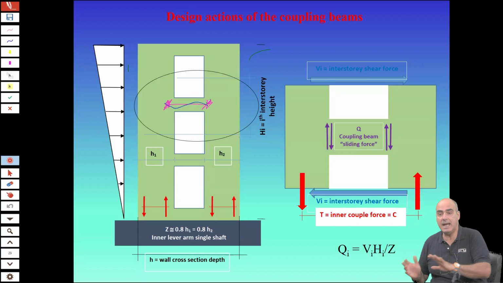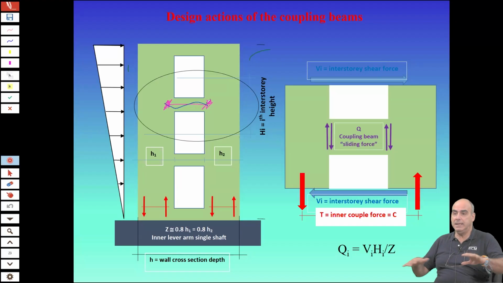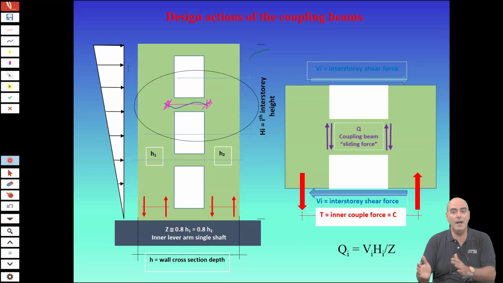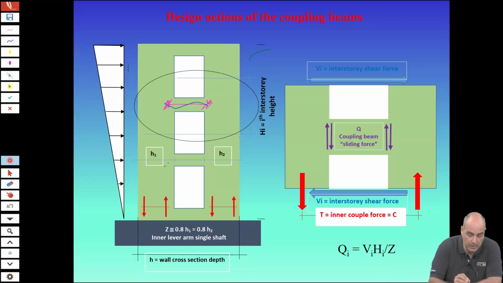If for any kind of reason, which can be simply the layout of your apartment's doors and so on, you have one of the two walls that is much narrower, much shorter than the other. So for example, if H1 is much smaller than H2, the scheme that you must use is this one.